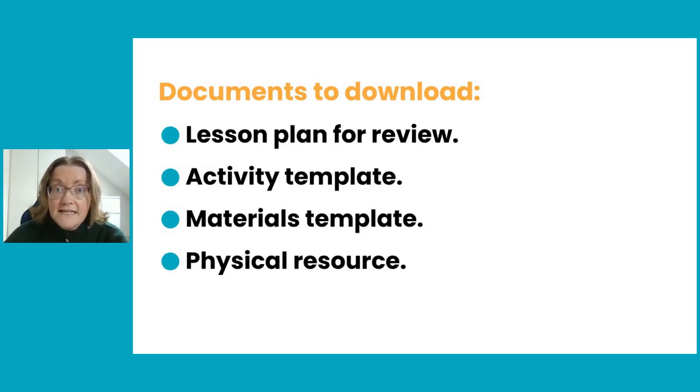There will be another file as your activity template where you will detail the activities that you've created. There will be another template for your materials, because when you create activities there is always some sort of material, whether it's a worksheet, whether it's images, there'll always be something. That will all go in the materials template, and there will be a physical resource template. So in total 4 files for you to download and submit.